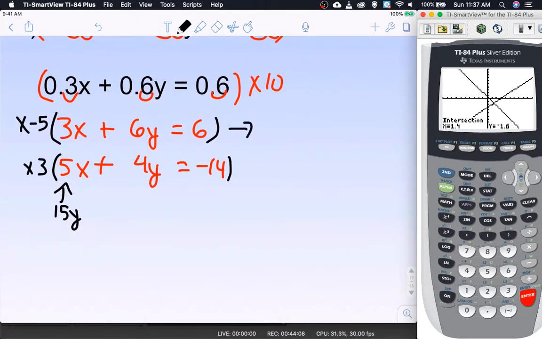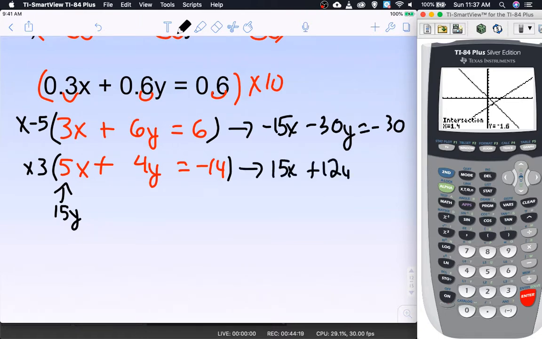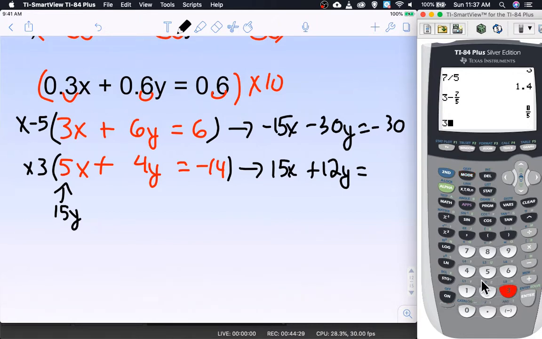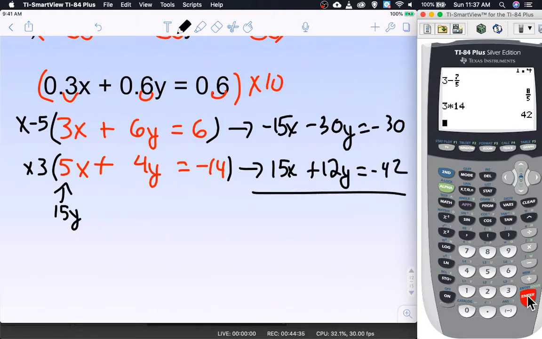So now I have -15x minus 30y equals -30 on the top. And I have a 15x plus 12y equals 3 times 14. Is that 52? No, 42. See, that's why we have a calculator. 3 times 14 is 42. And it'll be a -42. My x's will eliminate right now.